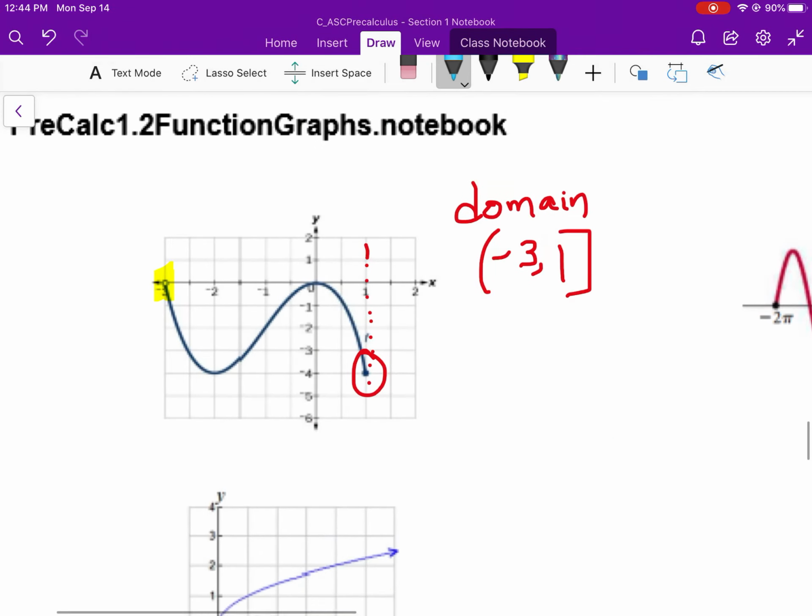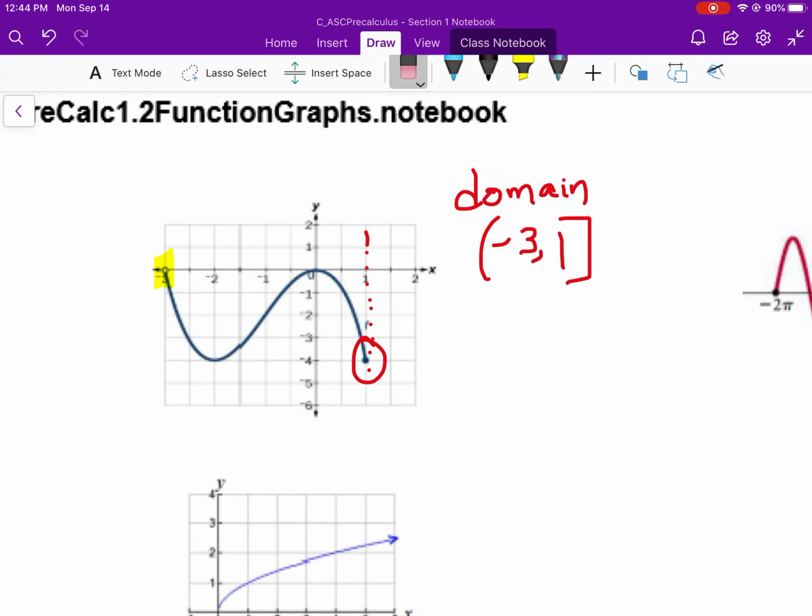Now if I do the range, let me get rid of this stuff. The smallest range I have goes down to -4, and I'm going to include it because not only is it a solid dot, but I'm pretty sure that it goes down to -4. This is the range.